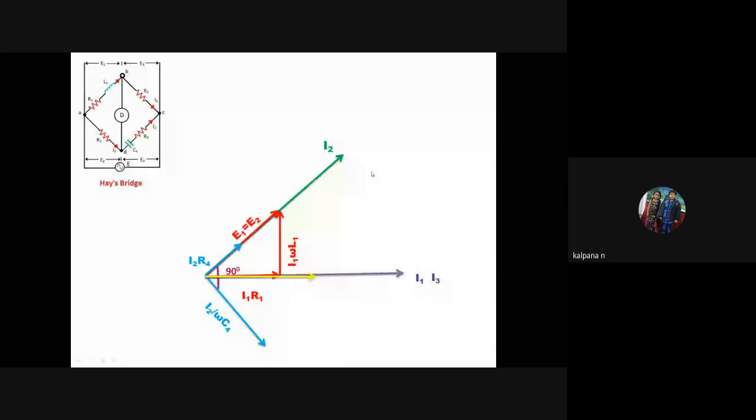AB and BC are in series, so I1 is equal to I3. The yellow line is I1. And E3 is also in phase with I3. And the bridge is balanced, so E3 is equal to E4. Now the sum of E1 plus E3 is E, or the sum of E2 plus E4 is E. Understand the phasor diagram? Understand?